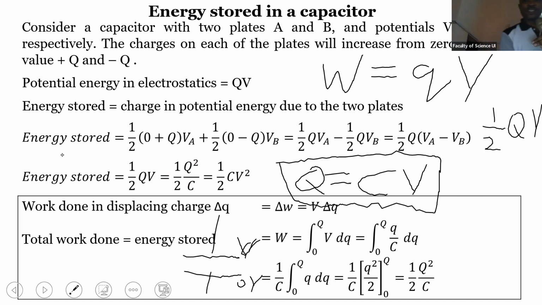The work done in displacing a certain charge, delta Q, is still QV.